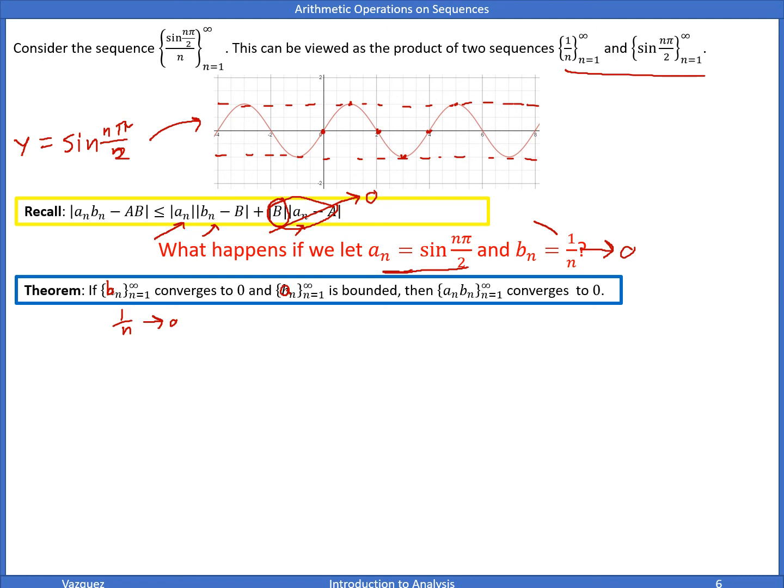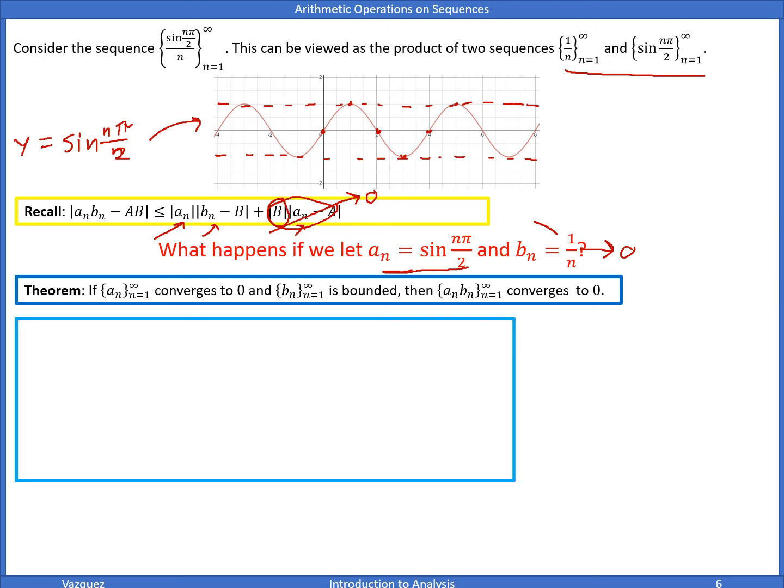But in general, without even looking at the example above, we have the theorem that if we have a sequence that converges to 0 and the other sequence is bounded, then their product converges to 0. We're going to just prove this, and it'll be our last proof and our last thing for this lecture.